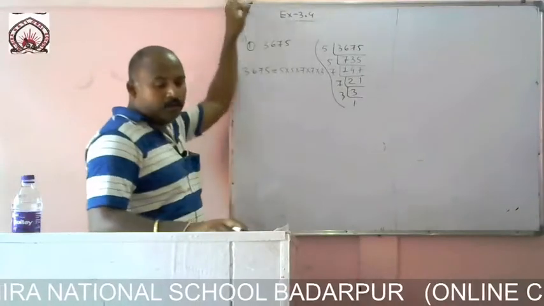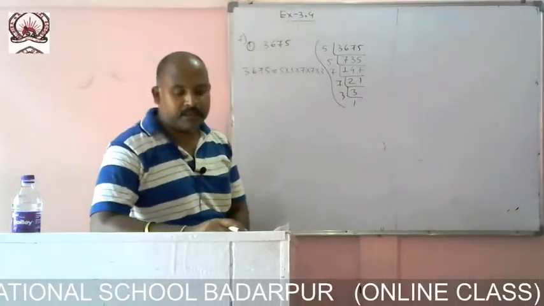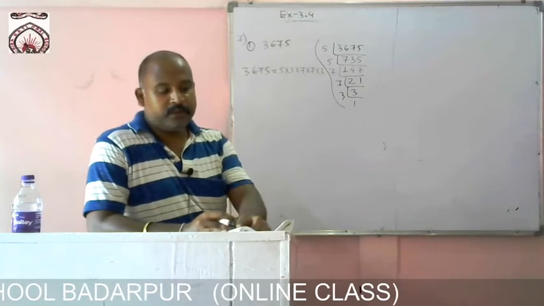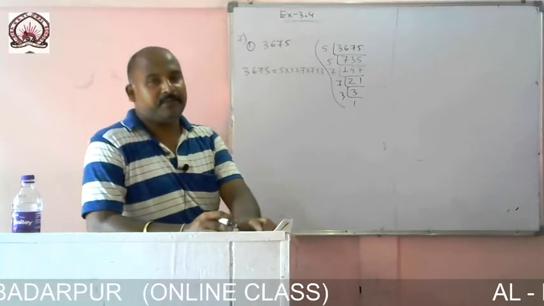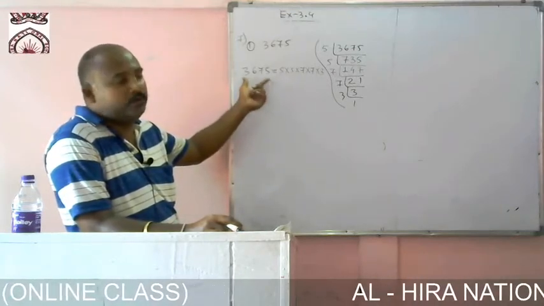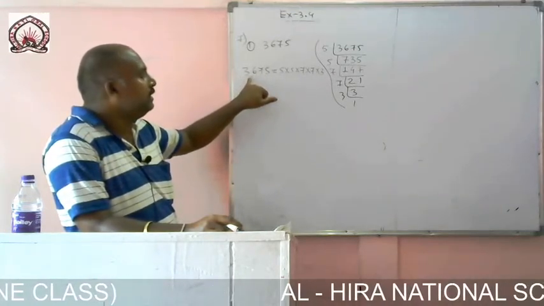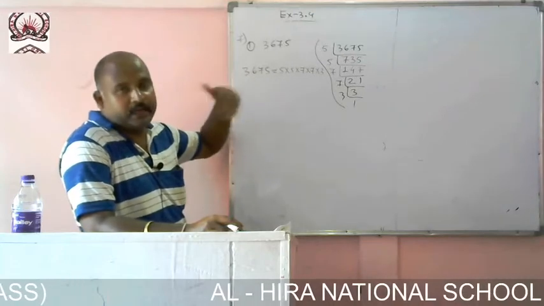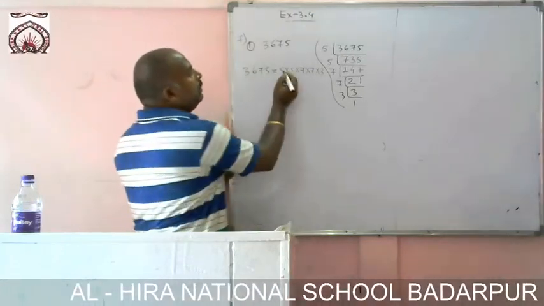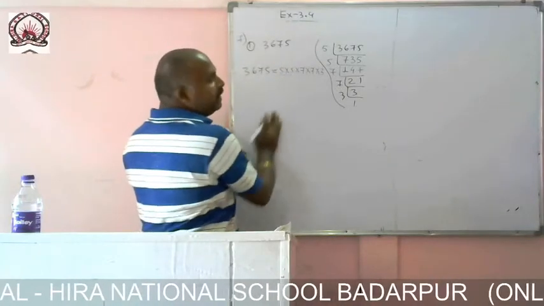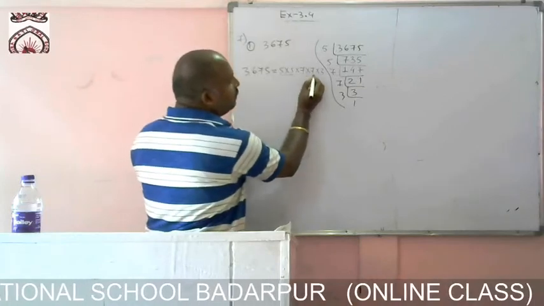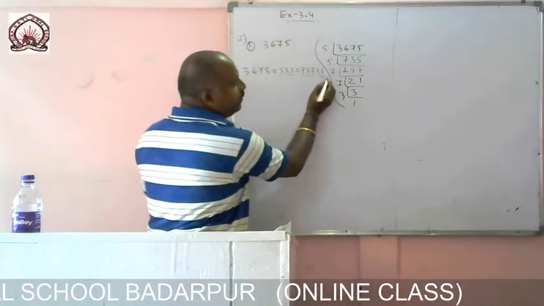Now find the smallest positive integer multiple by which makes the following number a perfect square. To get a perfect square, doublets of the numbers will be present. 5 is present twice, 7 is present twice, so 3 is single.